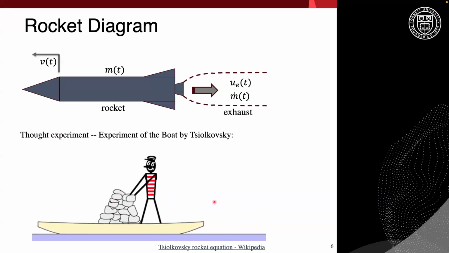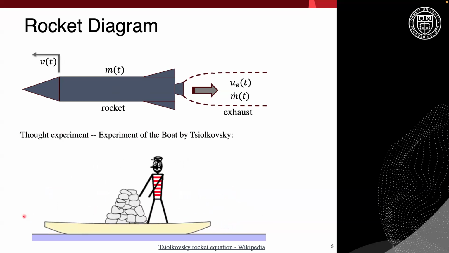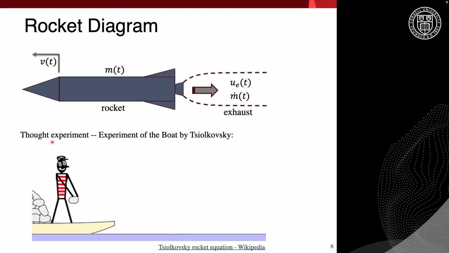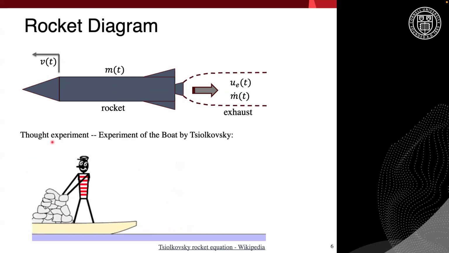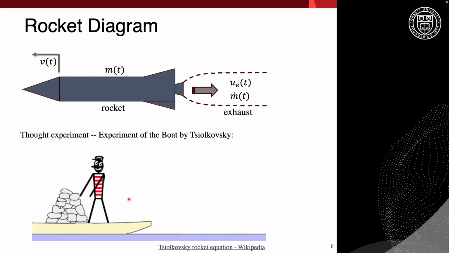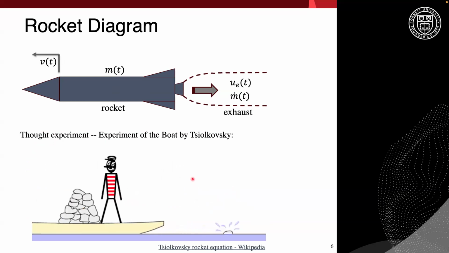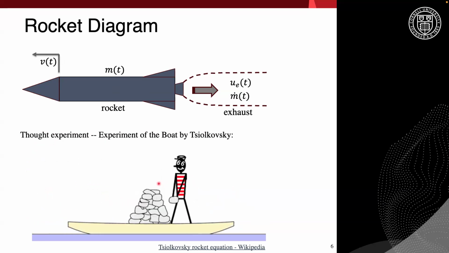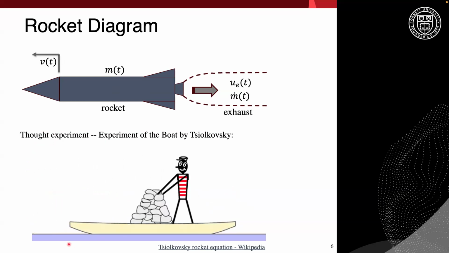And this momentum is transferred to the boat so it can move forward. However, this is just a thought experiment. It cannot really work in real life because we need the stones to be really massive or the velocity to be very high. So we need the product m times v to be high enough to transfer the momentum to the boat and make it move.